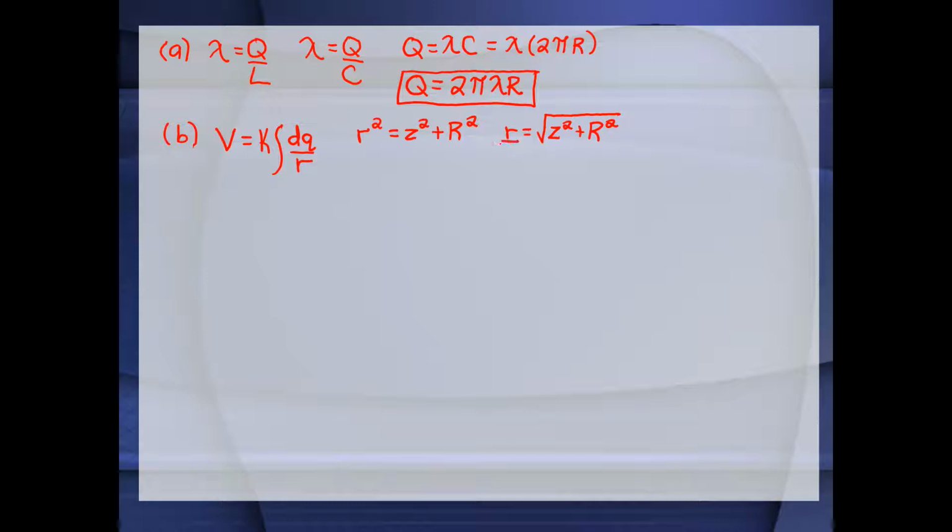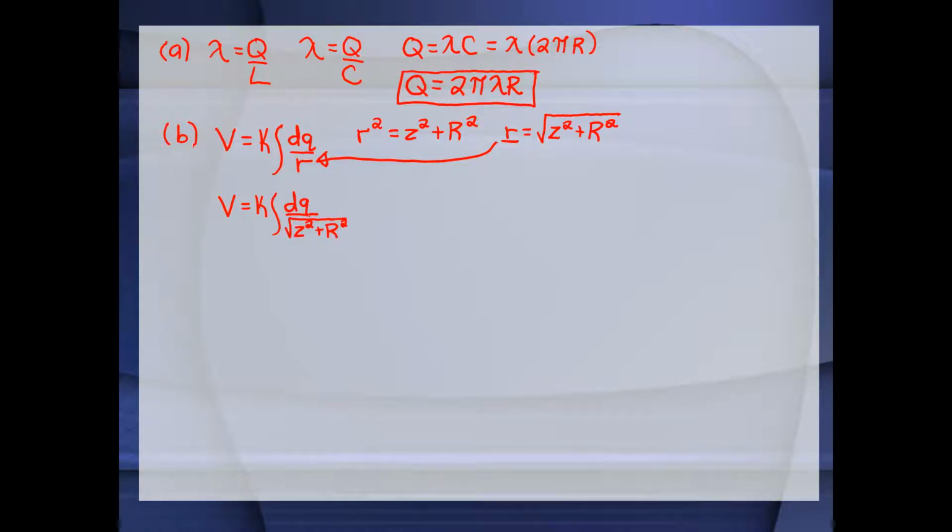Okay, so I'm just going to take this r value and substitute it into the equation right here. So if I do that, I would then have V equal to k multiplied by the integral of dq over the square root of z squared plus R squared.